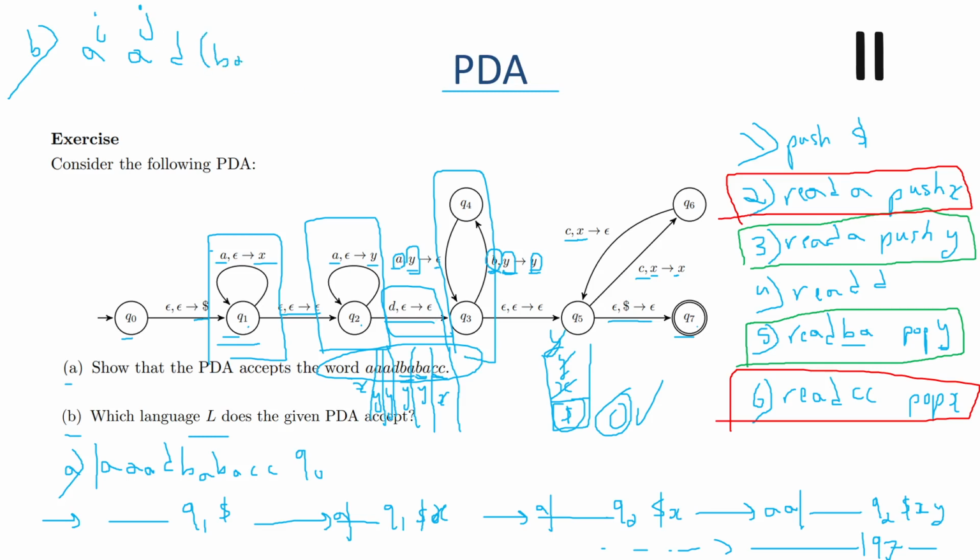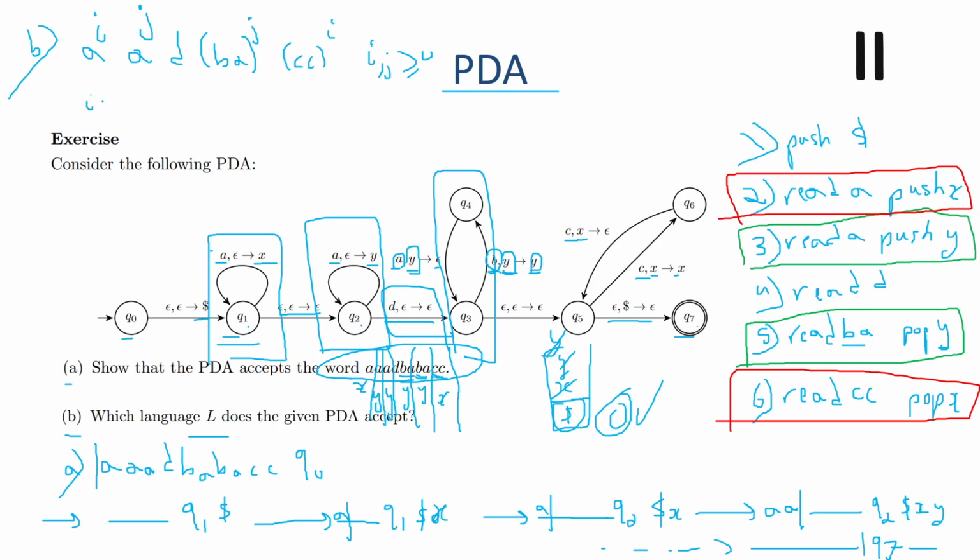So I'm reading BA's. How many? As many as A^j's are read, so the j's. And finally, CC is equivalent to the i's. Very cool, such that i and j are greater than or equal to 0.